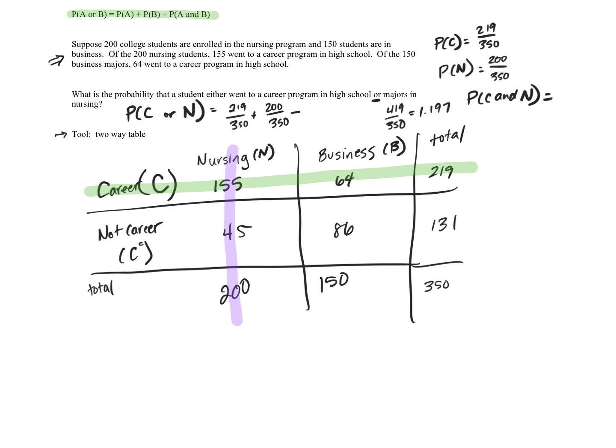Because when I do just the probability of C, I've counted the people who are C and N. And when I do the probability of N, I've counted that. So by taking away this once, everybody in this box is no longer counted twice. Okay, now, the minute I do that, my probability will be smaller than 1.